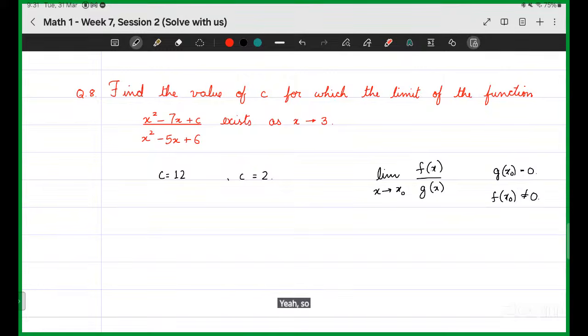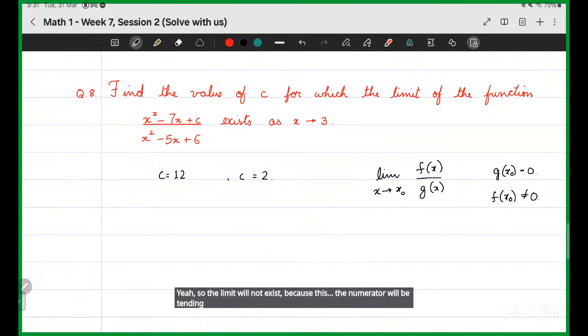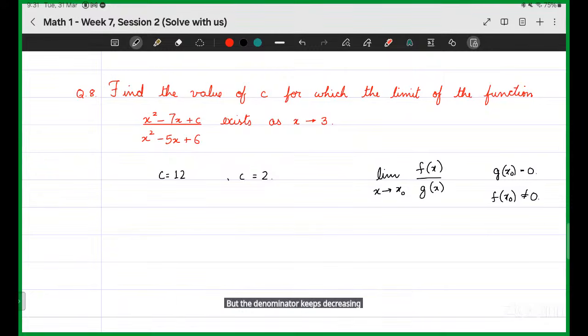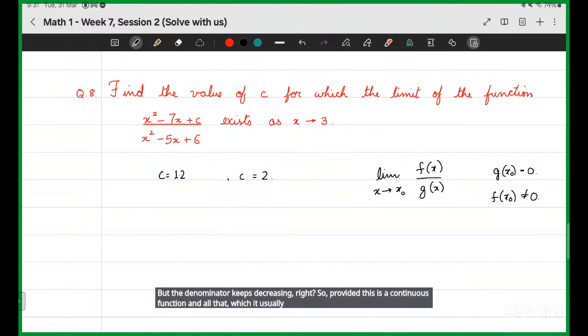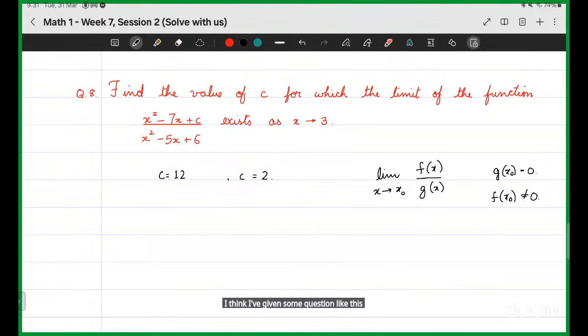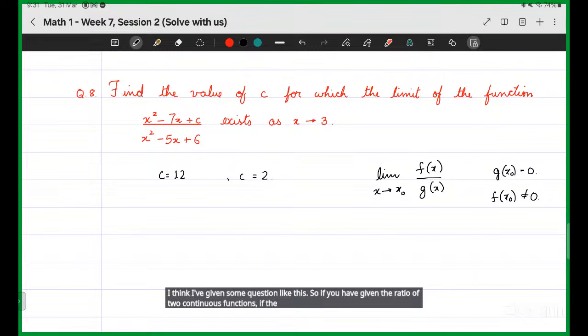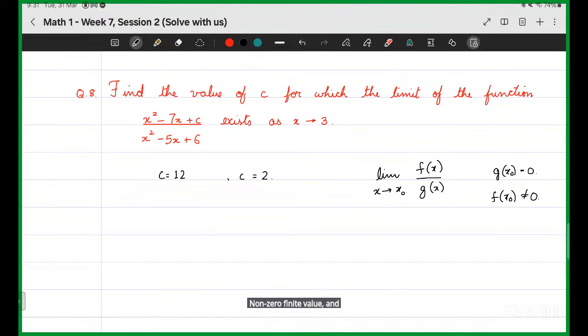Yeah, the limit will not exist because the numerator will be tending to some finite value, but the denominator keeps decreasing, right? So provided this is a continuous function, which it usually is, and you're given some question like this, if you have the ratio of two continuous functions, and the numerator tends to some non-zero finite value and the denominator tends to 0, it means that the ratio keeps increasing.